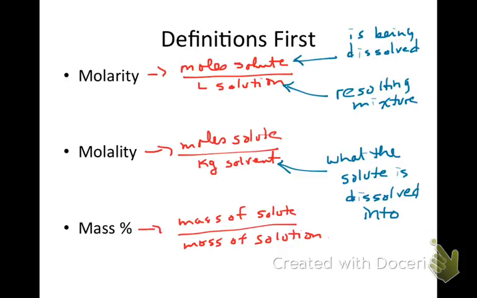Usually the solvent is the one that you have more of. Say 10 grams of sodium chloride mixed with 100 grams of water. Water would be the solvent, sodium chloride would be the solute.